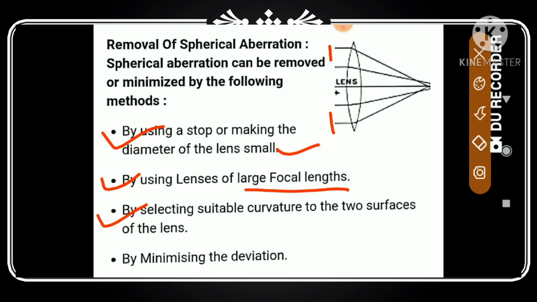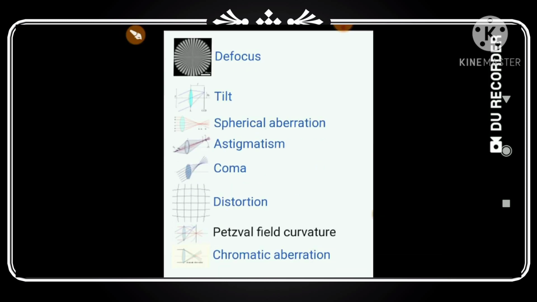Also, by selecting a suitable radius of curvature for the two surfaces of the lens, we get a correct image. The last one is minimizing the deviation by reducing the large angles, and then we get a well defined image. These are the ways to reduce spherical aberrations.